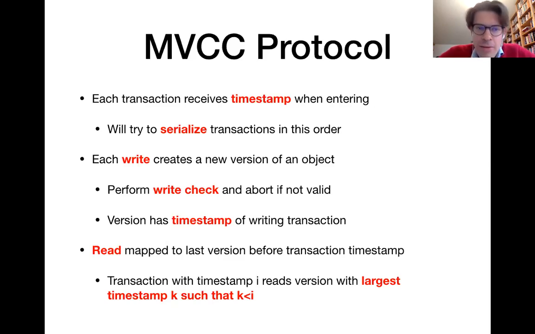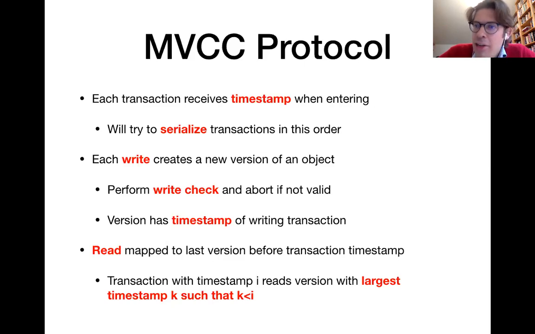Before the transaction is actually allowed to write something, we perform a check, which I will describe in more detail on the next slide. If the check fails, then the transaction has to be aborted. But if the check succeeds, then the transaction proceeds and creates a new version of the object.